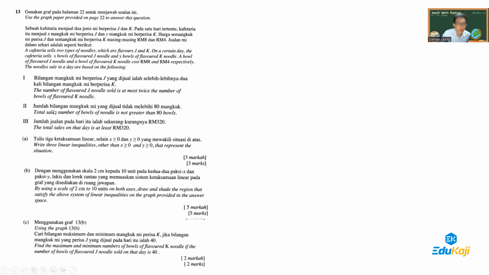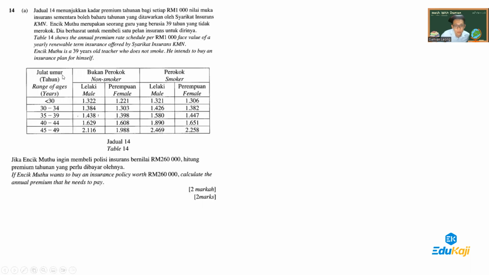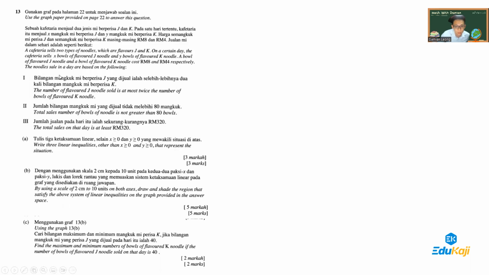Question 13. So I have, let's see where. So write the 3 linear inequalities out based on these 3 restrictions.